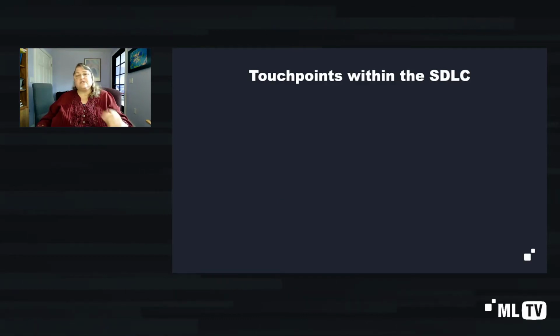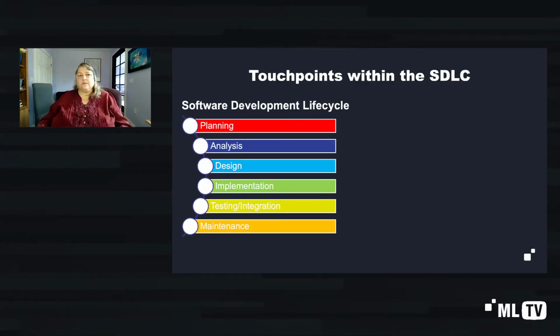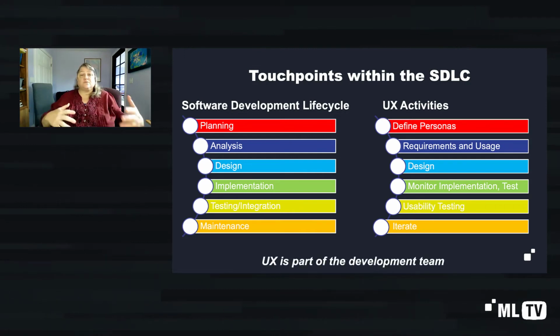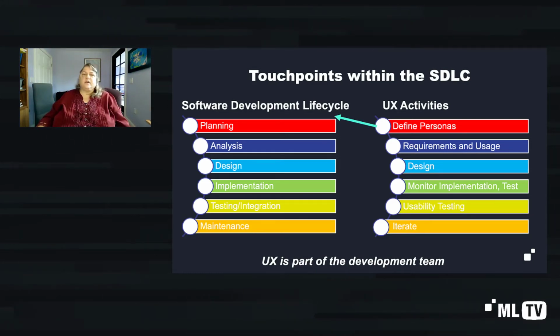So if you look at the software development life cycle, which many of us are familiar with, the user experience activities and life cycle parallel that. The UX, when it's successful, is really part of that development team. Now, it doesn't work out that, time-wise, things happen all at the same time. For example, before you start planning a software development project, you should be figuring out who you're building this for.